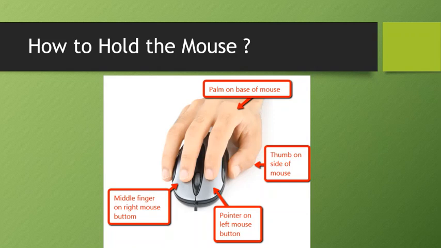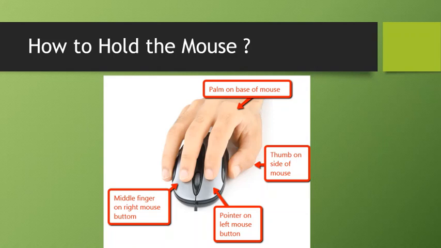You have to rest your palm on the top of the mouse and then place your index finger on the left mouse button. Place your middle finger on the right mouse button. As we have discussed, on the mouse there are two buttons, right? One is left and one is right.